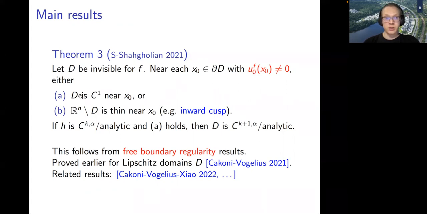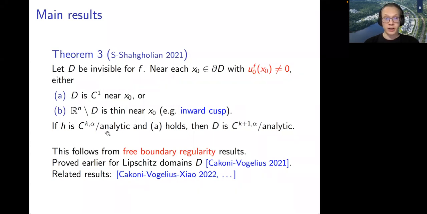Either this D is somehow regular near x0, the minimal thing would be C1 if this contrast F is assumed to be Dini continuous. Or the other possibility is that the complement of the obstacle, Rn minus D, is somehow thin near x0. It's thin in the sense of minimal diameter, which I'm not going to define precisely, but you can think of having an inward cusp. So if you have an inward cusp singularity, then the complement will be very thin near that cusp point.